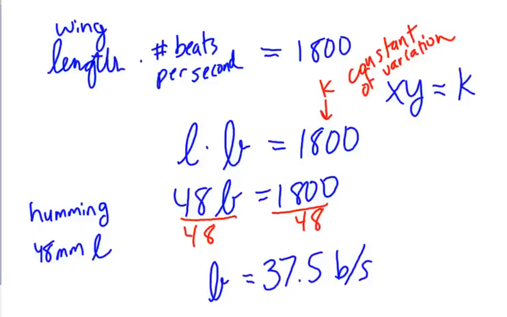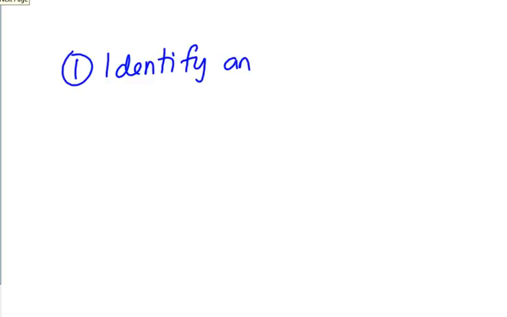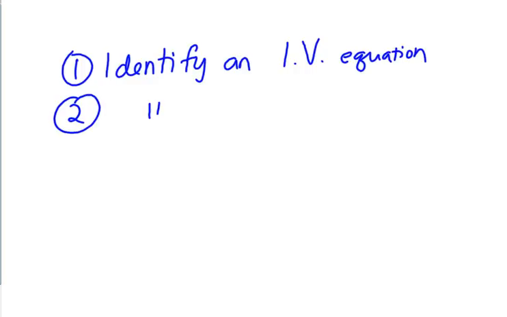Okay, so let's make a list of the things that you need to be able to do. You need to be able to identify an inverse variation equation. You need to be able to identify an inverse variation graph.